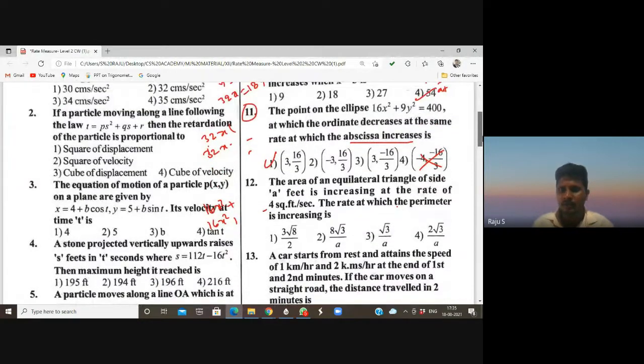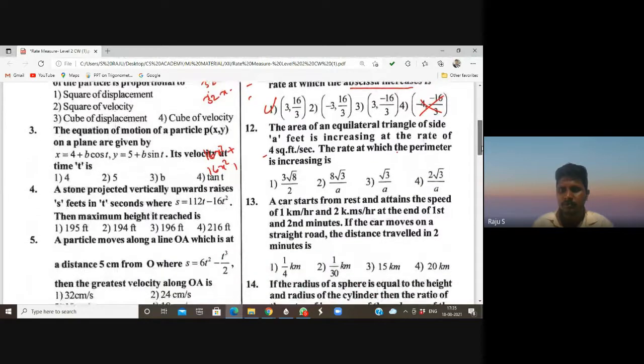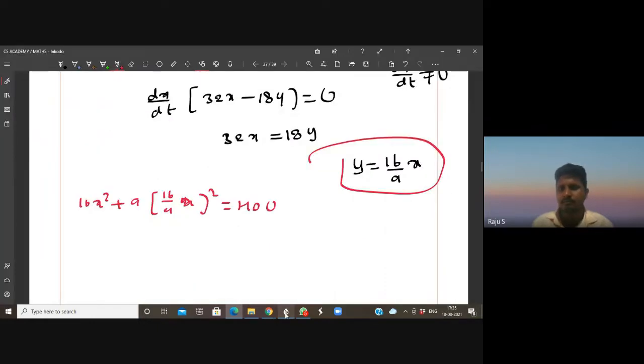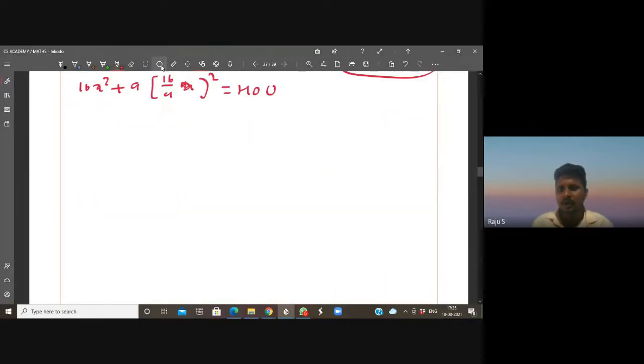Shall I go for the next one? Yes. The 12th one: the area of an equilateral triangle of side a feet is increasing at a rate of 4 square feet. Here, area of an equilateral triangle.